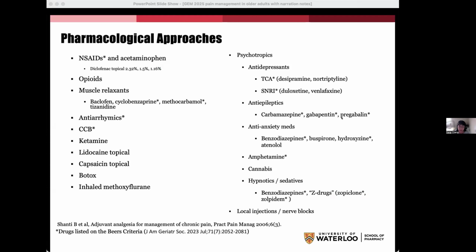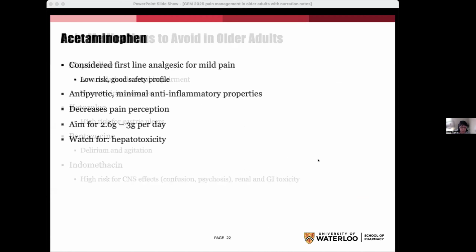The ones marked with that asterisk, in particular, are drugs listed on the Beers criteria, which is a list of potentially inappropriate medications for use in older adults. And usually this is due to safety reasons. So this list is published and updated regularly by the American Geriatric Society, and you can find the full list online quite easily. So we'll go through a few of these categories.